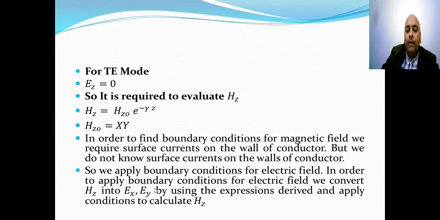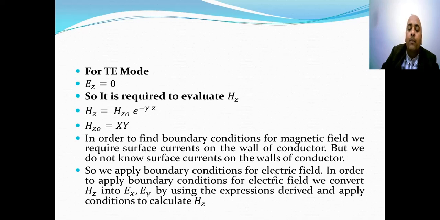For TE mode, as we have already discussed, Ez will be equal to 0. So it is required to evaluate Hz by considering that Hz is equal to Hz0 into e raised to power minus gamma z, where Hz0 is a function of x and y. In order to find boundary conditions for magnetic field, we require surface currents on the walls of the conductor, but we do not know surface currents on the walls of the conductor.